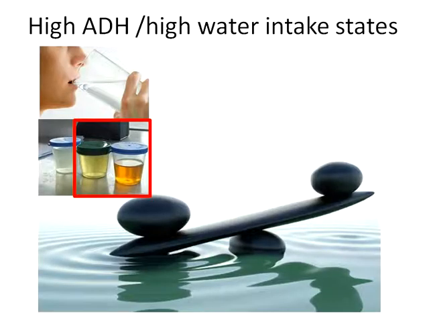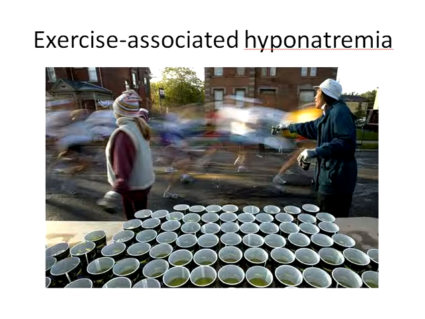So let's talk about some states where we have both high ADH release and high water intake. Some examples are exercise-associated hyponatremia. Exercise will stimulate the ADH release, and there's a lot of hypotonic fluids available during marathons, for instance.